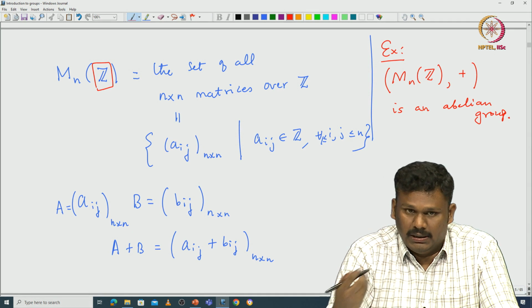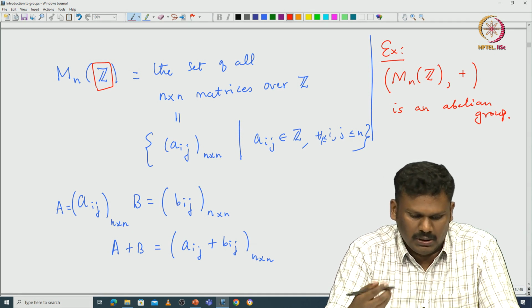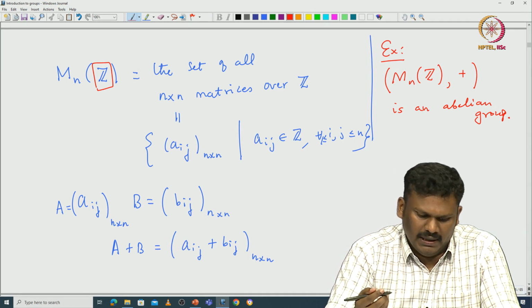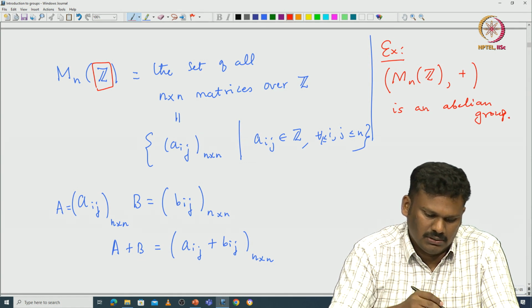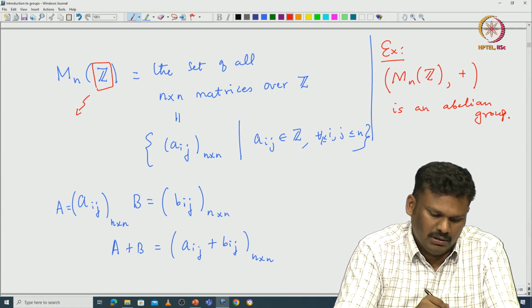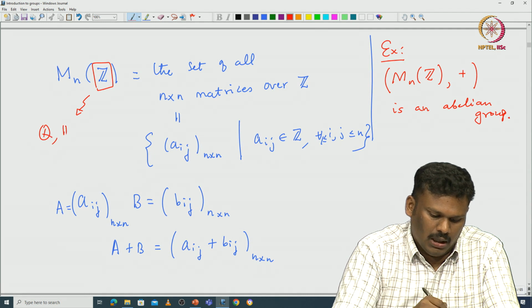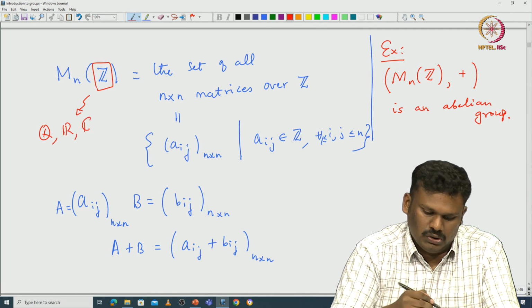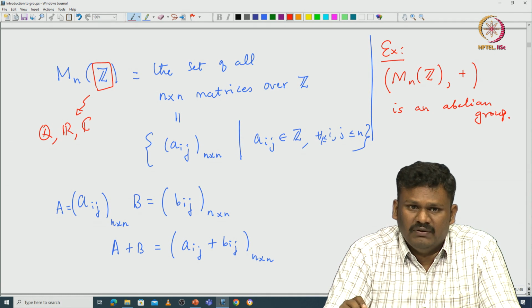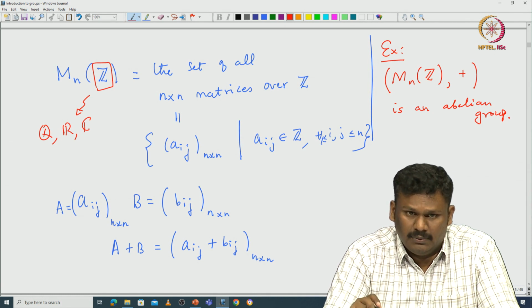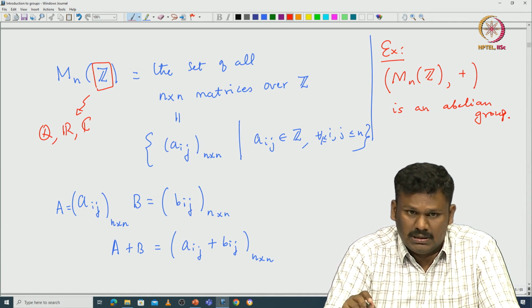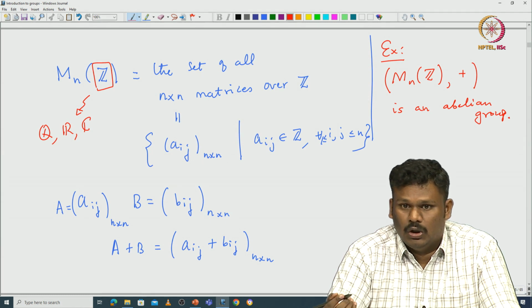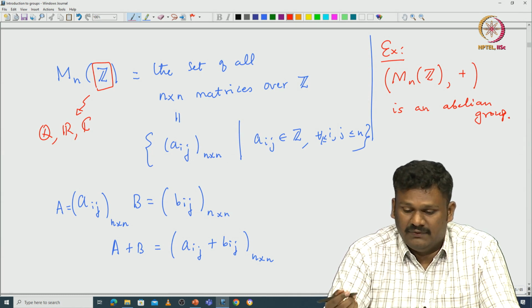Or if you know what a commutative ring is, you can replace it with that. But anyway, you can stick with some examples like Q, R, C and so on. We will see later that there are other interesting rings that come from arithmetic modulo n. We can also replace it with that.